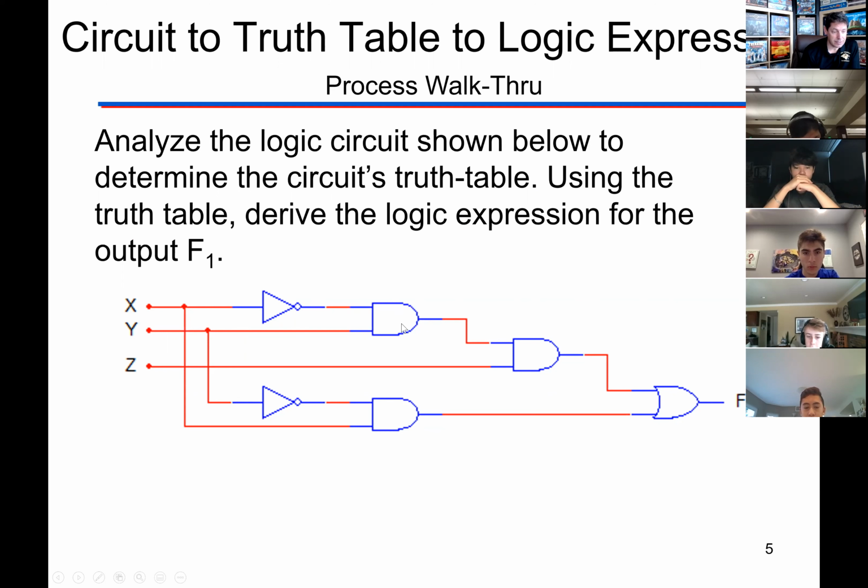The AND gates only give a high or on output if both of the inputs are on. They have to both be on to pass an on signal through. And then in the end here, this last shield one, the OR gate, if either one of them is on, the output will be on.